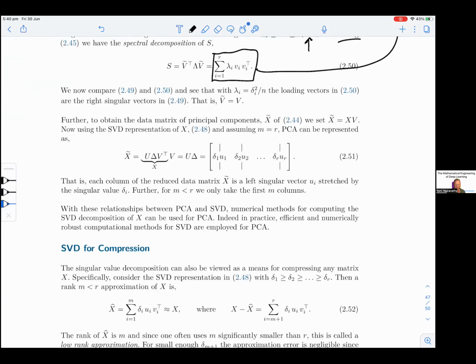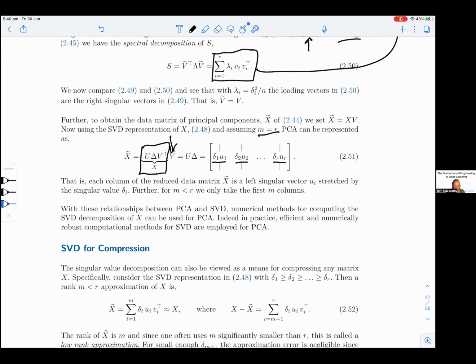Now, using the SVD representation of X, 2.48, and assuming m equals r, so full rankedness, PCA can be represented as your matrix X times V, which is just U times delta, which is delta 1 times u_1, delta 2 times u_2, up to delta R times u_R.